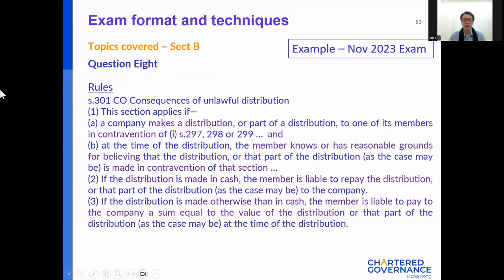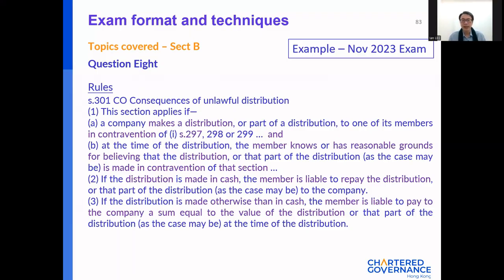So what are the consequences if you do not follow the requirement? Well, this section will apply if a company makes a distribution in contravention of the section we looked at, and at the time the member knows or has reasonable grounds for believing this distribution is made in contravention of that section. So if you know or you have reasonable grounds to believe when they pay the dividend that it's actually not out of profit, then of course you will fall foul of this section.